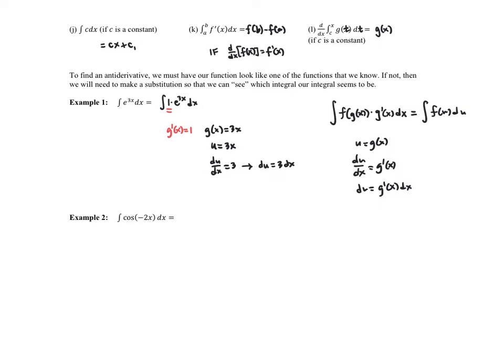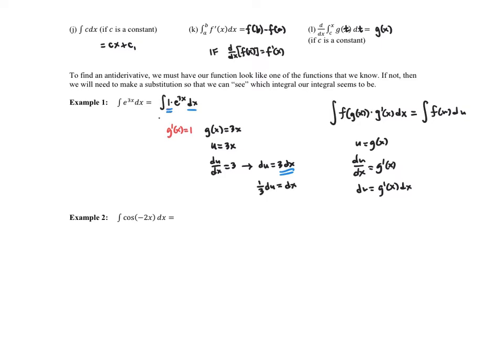Now, I can't do a substitution directly yet because I have a 1 dx. I don't have a 3 dx. So I want to turn this expression into just 1 dx. I'm going to divide by 3 on both sides, and so I can substitute in 1/3 du for dx.